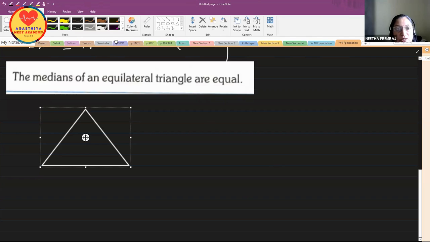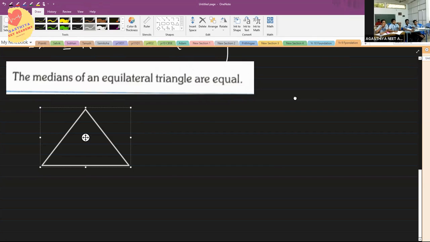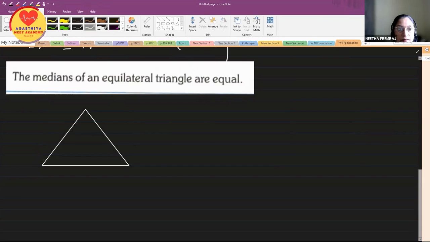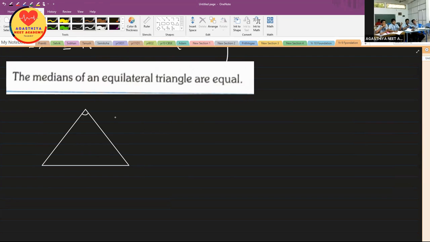What is the measure of the three angles? How much degree is that? Each measure equals 60 degrees, isn't it? Each angle.